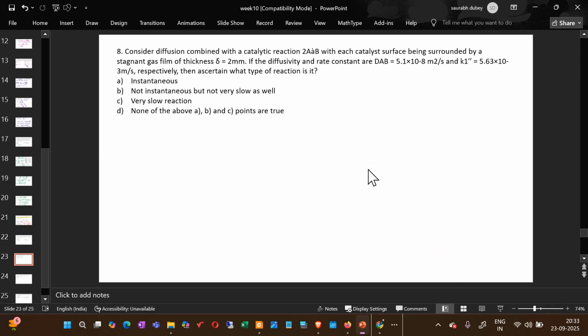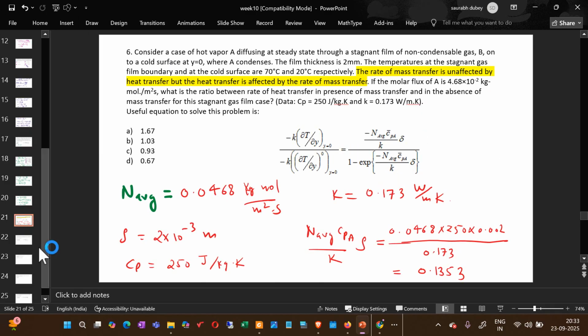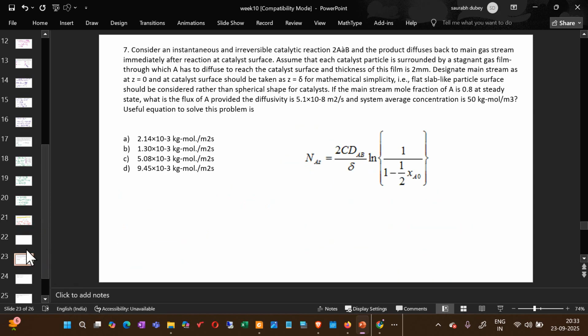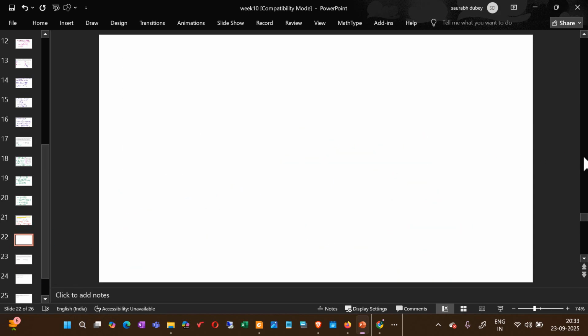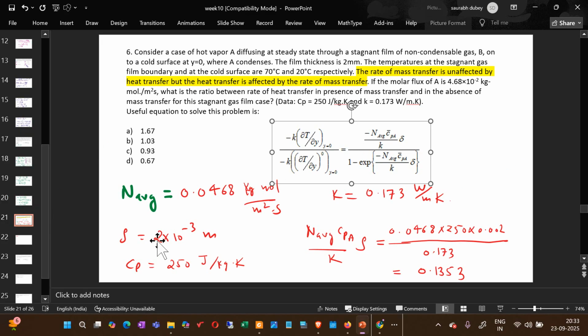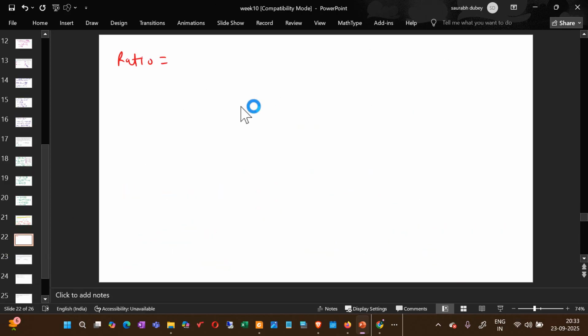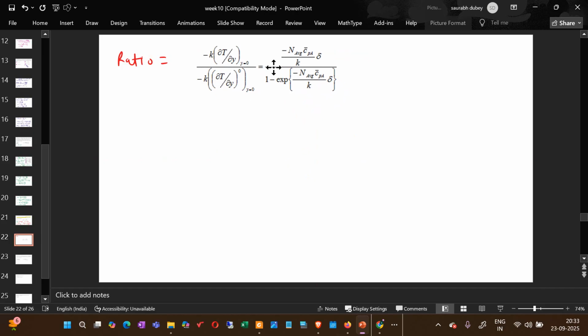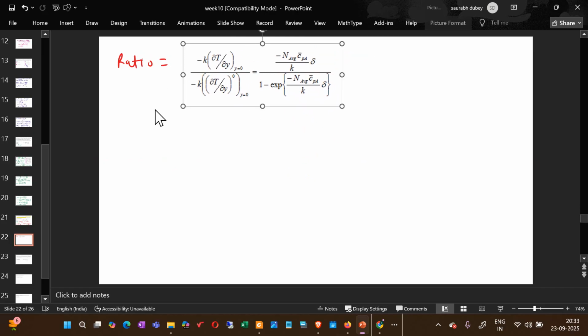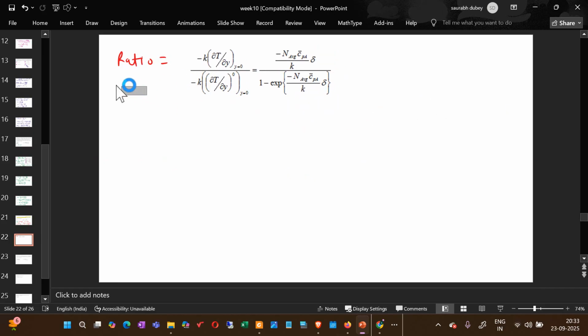And now let me just see. Yes. Now if you see, the ratio formula is given here. Let's take the formula. This is the ratio that is given.